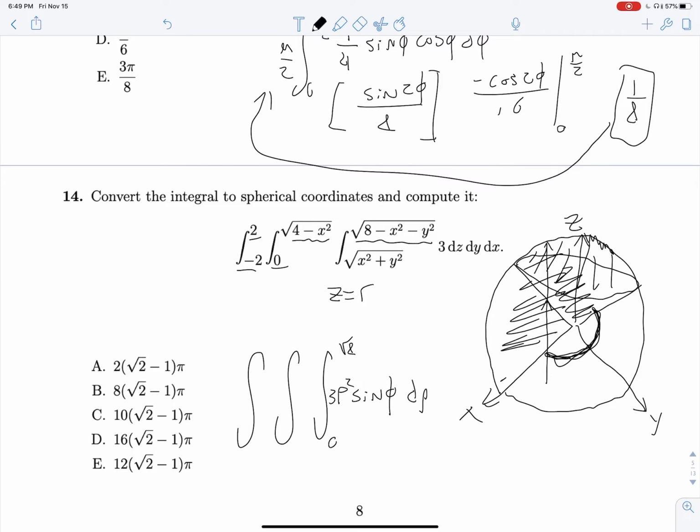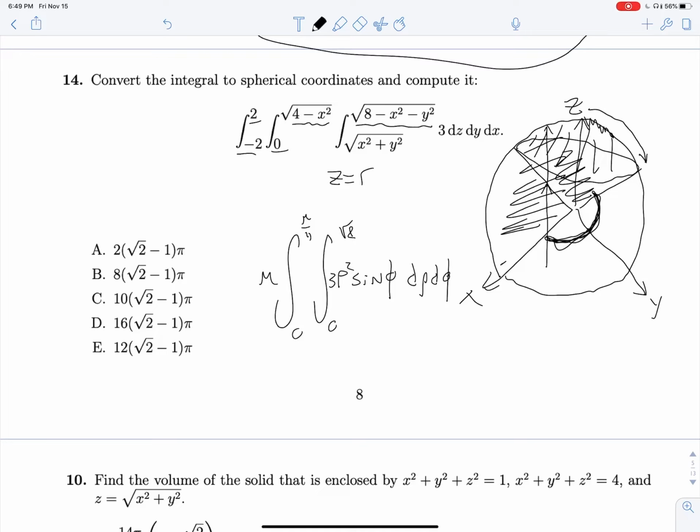And we're bounded on phi by, well, we want all of this volume between 0 and 45 degrees, so 0 to pi over 4, and then as far as theta goes, we know that we're running this entire semicircle, so pi.